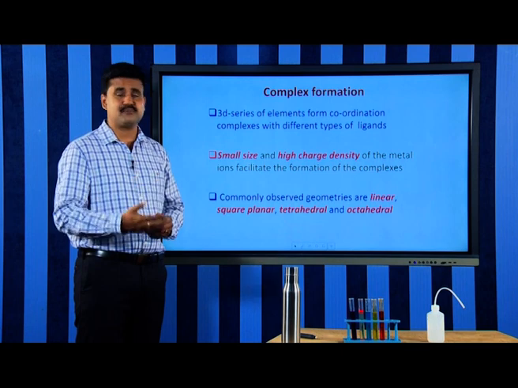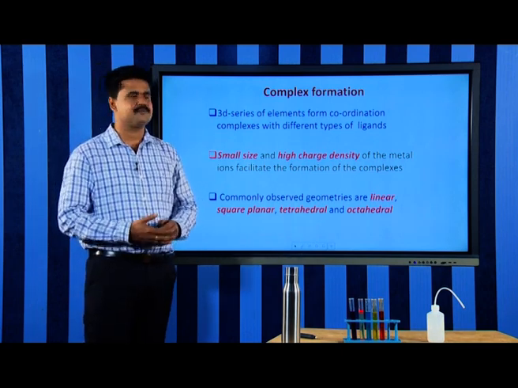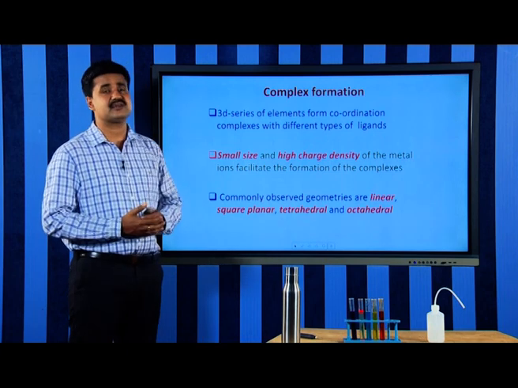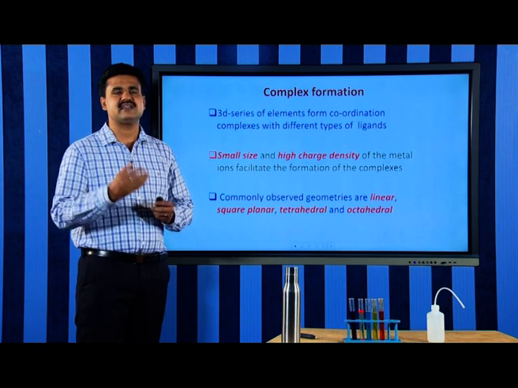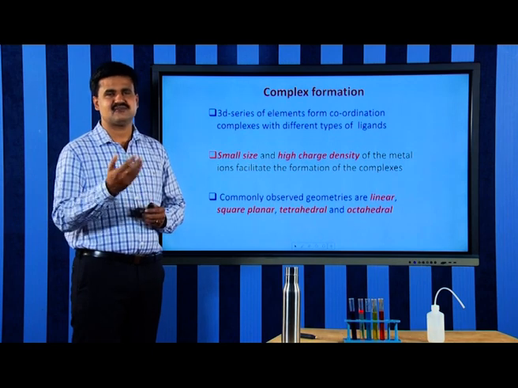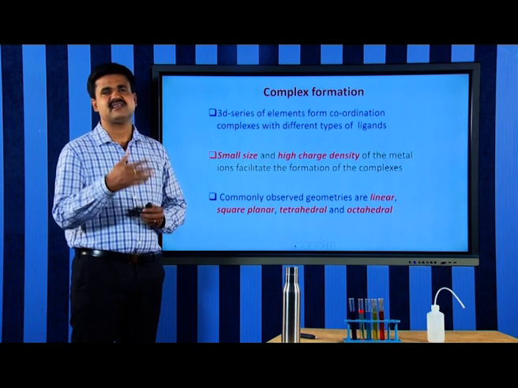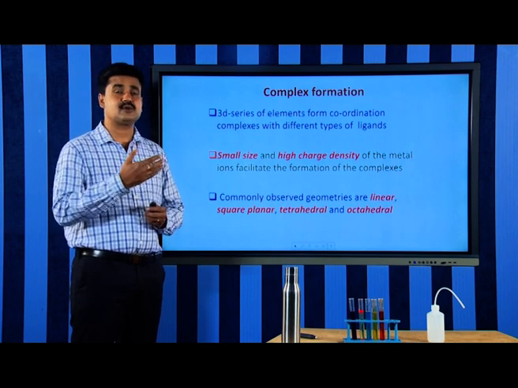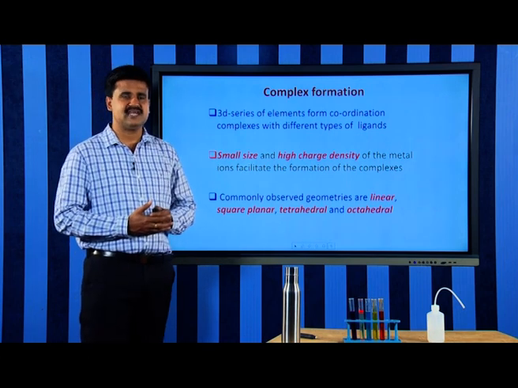There are several types of ligands, and the 3d series of elements can form coordination complexes with several kinds of ligands, with neutral ligands like water, ammonia, phosphine, and with charged ligands like CN-, NO+, etc. Several coordination complexes are formed by the 3d series of elements.